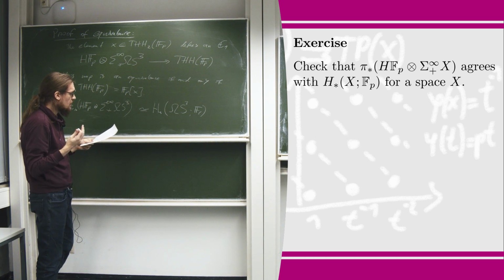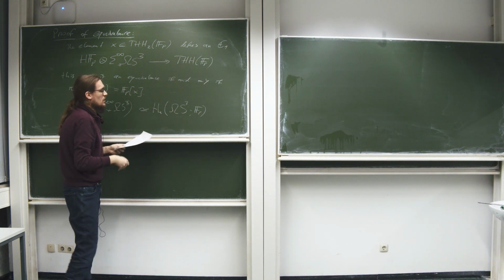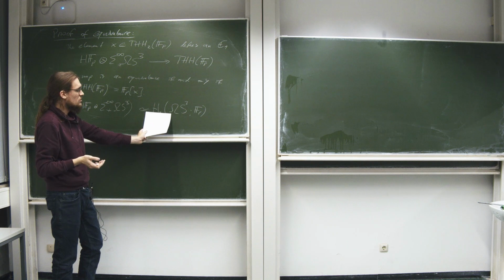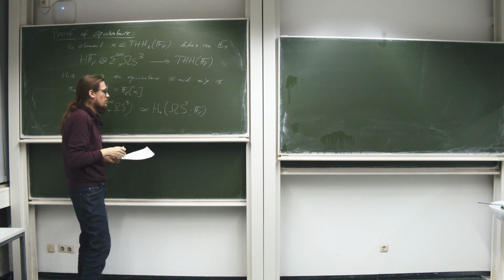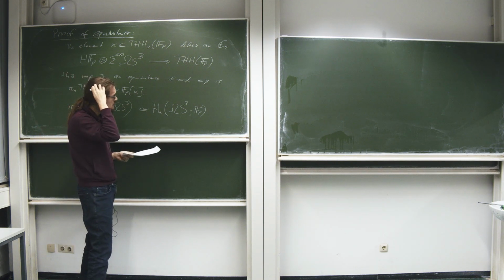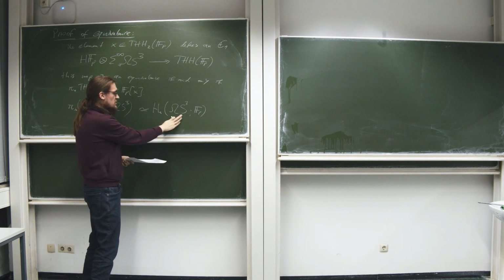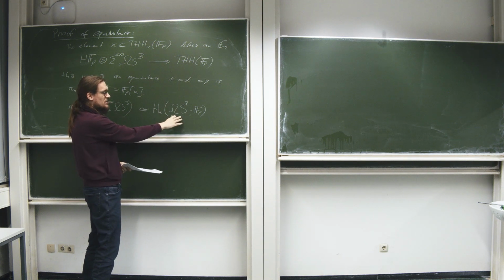So, having said that, what is this? Well, this is something you can compute with the Serre spectral sequence. You can compute this to be Fp in every even degree. And I'm not going to do that here, but it's sort of a straightforward exercise with the Serre spectral sequence. And it turns out that the E1 algebra structure you have on loops S3, right?